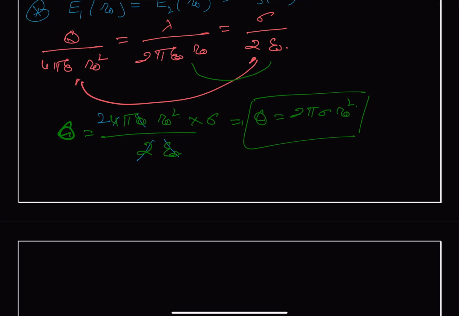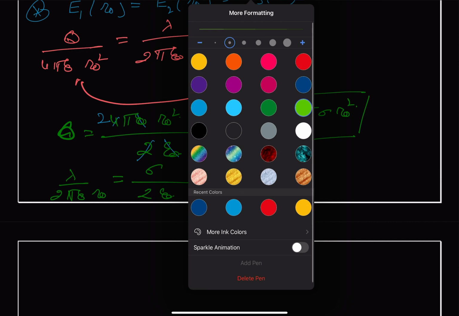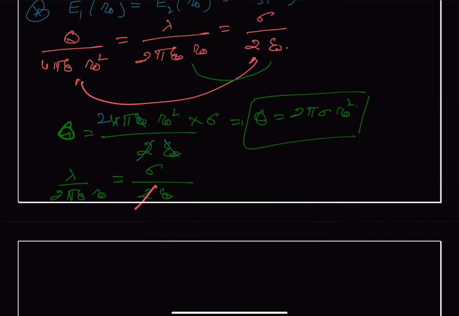We get lambda upon 2 pi epsilon naught R0 is equal to sigma upon 2 epsilon naught, and here the 2 epsilon naught cancels out, therefore we get R0 will be equal to lambda upon pi sigma.